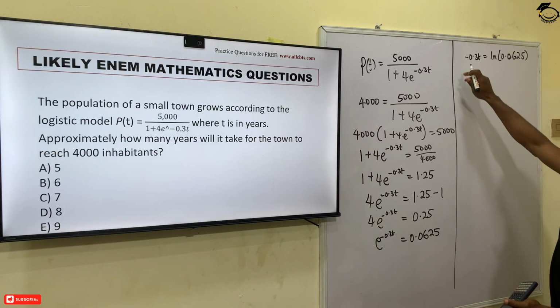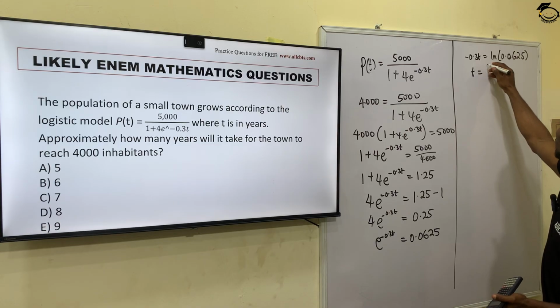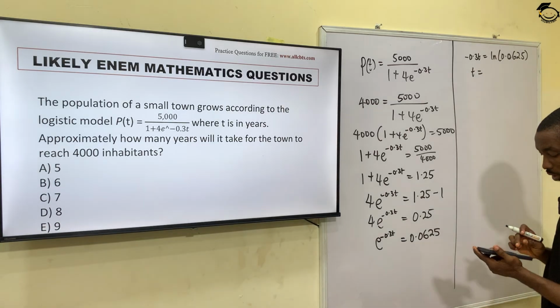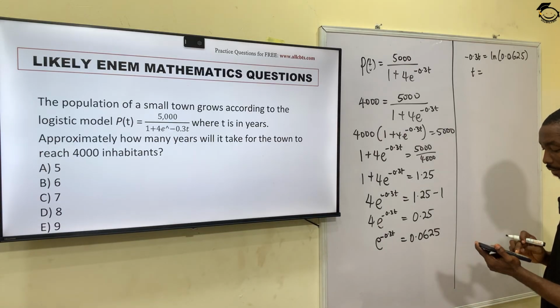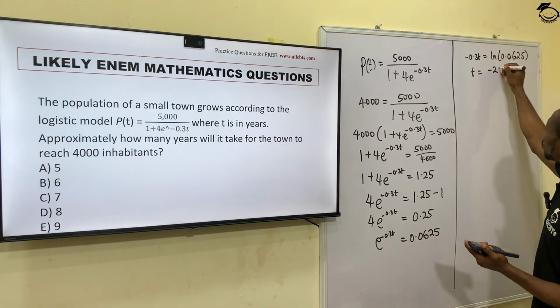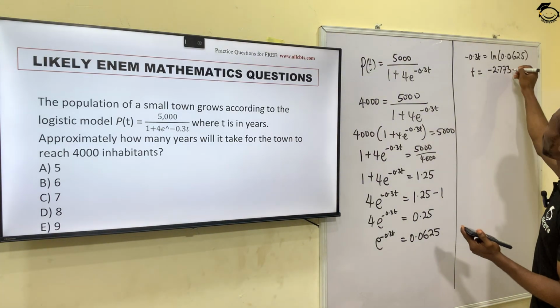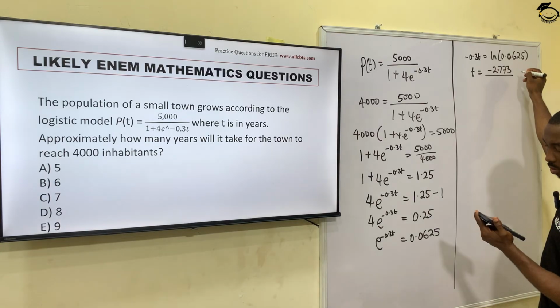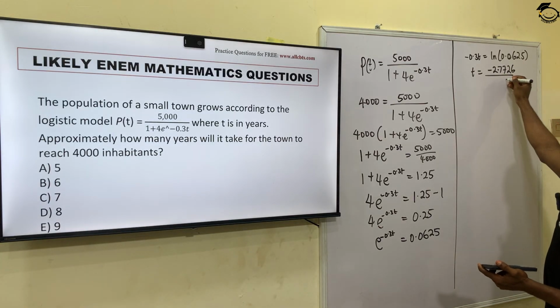Now with this, we can have t equal to ln of 0.0625 over minus 0.3, and ln of 0.0625 gives us minus 2.773. Let's put it as 2.7726 over minus 0.3.